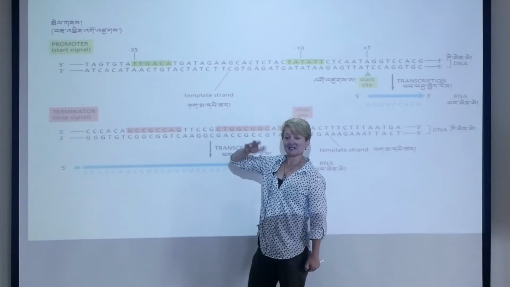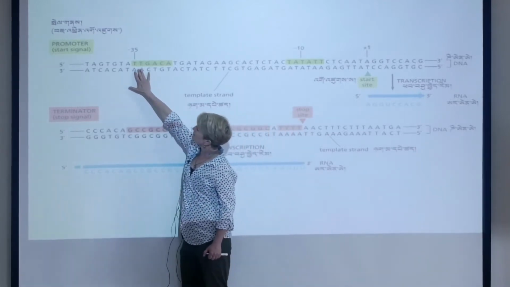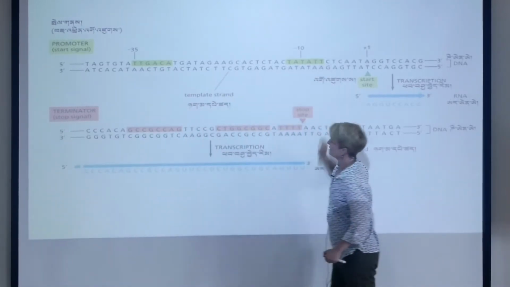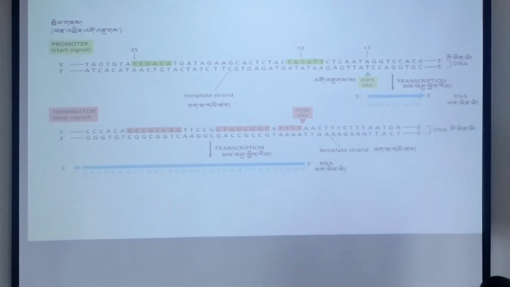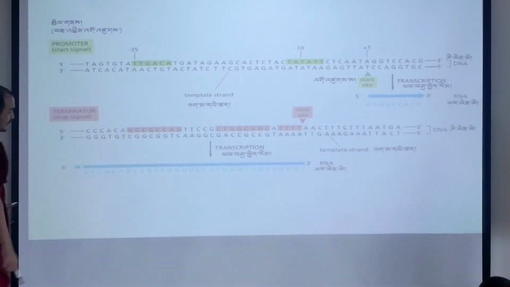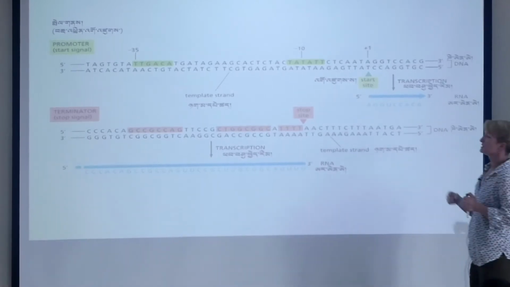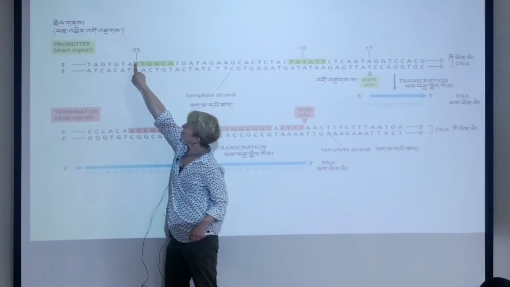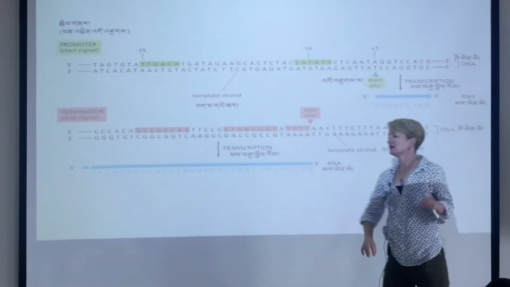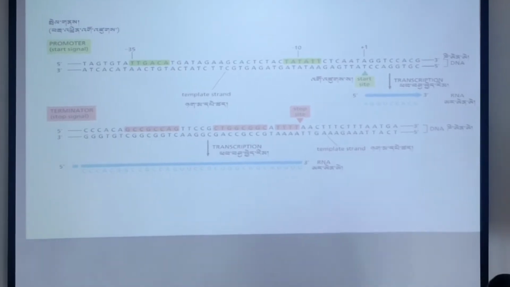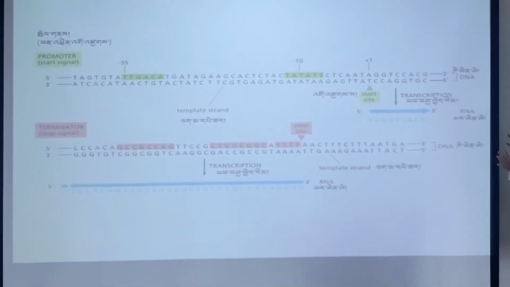And we already mentioned this briefly, but if you look, this promoter region, indicated in green, has lots of T's and A's. T to A base pairing. And that's part of what tells the cell this is the start of the gene.